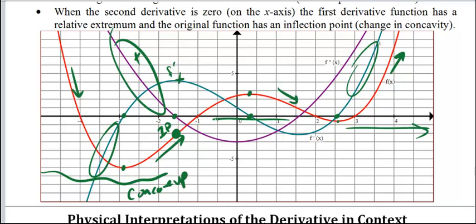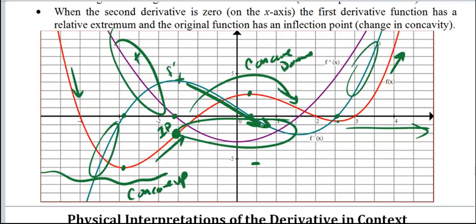Where the second derivative is negative in here, then this is concave down on the original function, and of course decreasing right here on the derivative. The derivative is increasing and the original function is concave up when the second derivative graph is above the x-axis, and notice that is our inflection point there.